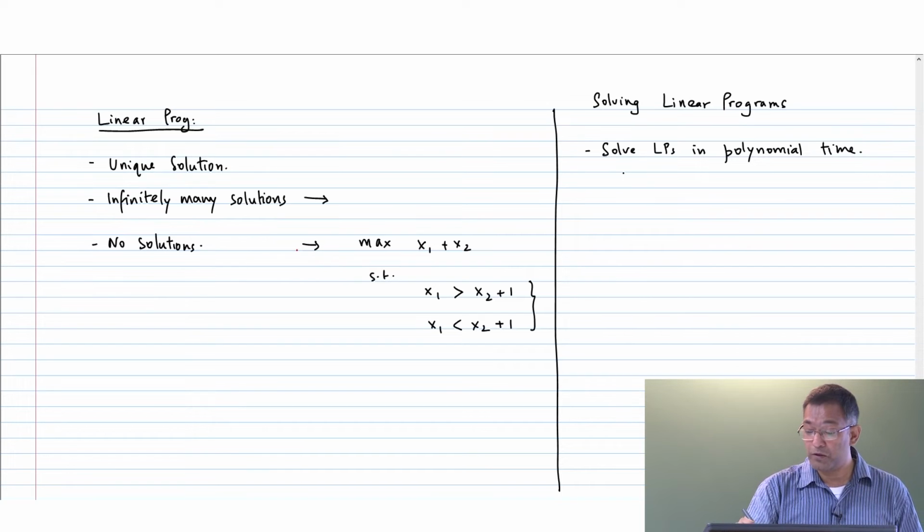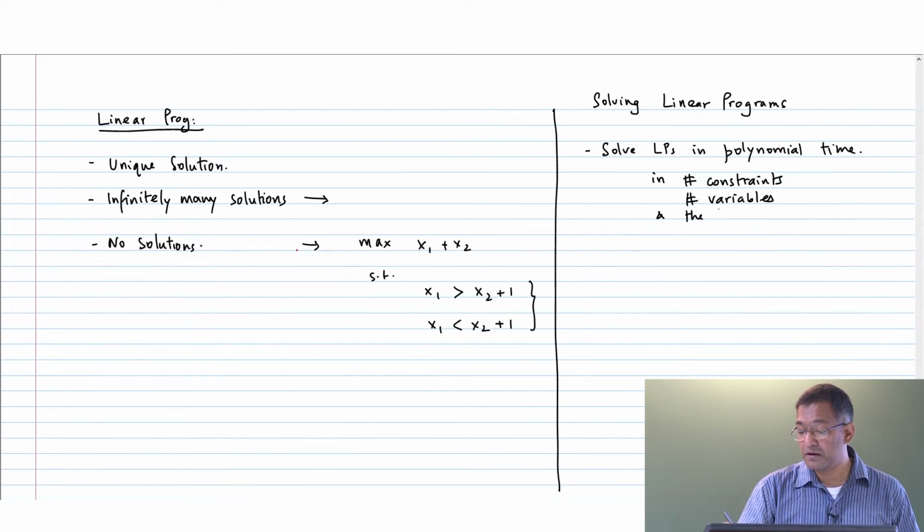Polynomial time in the number of constraints, the number of variables, and the number of bits required.